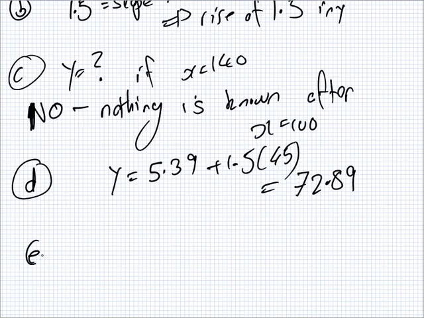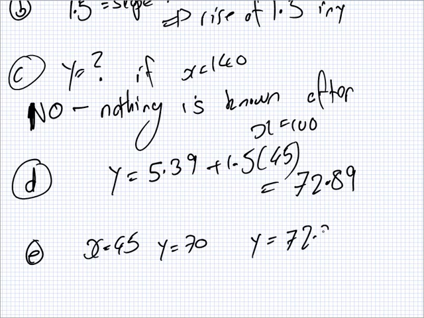E. If you look at your table, there's one point where x is 45 and y is 70. But when you use 45, you get y should equal 72.89.